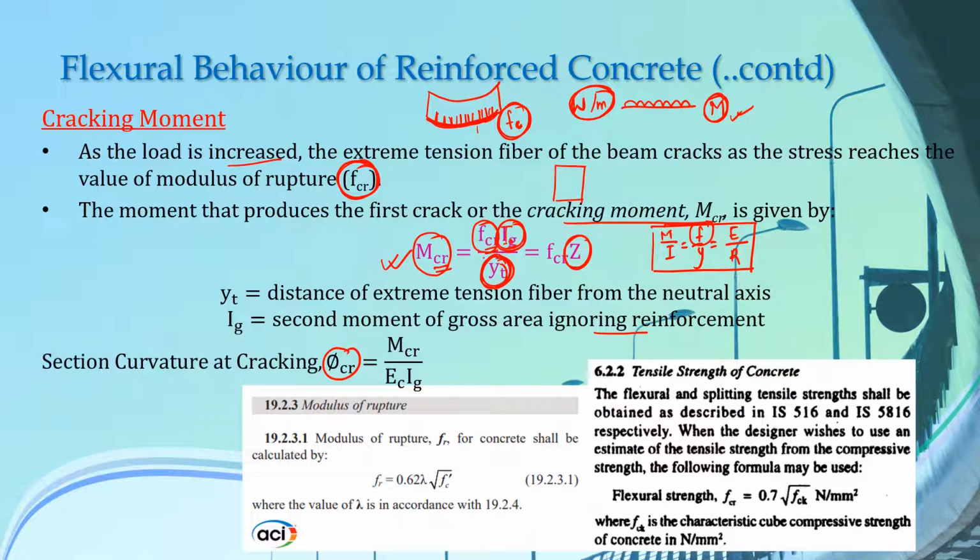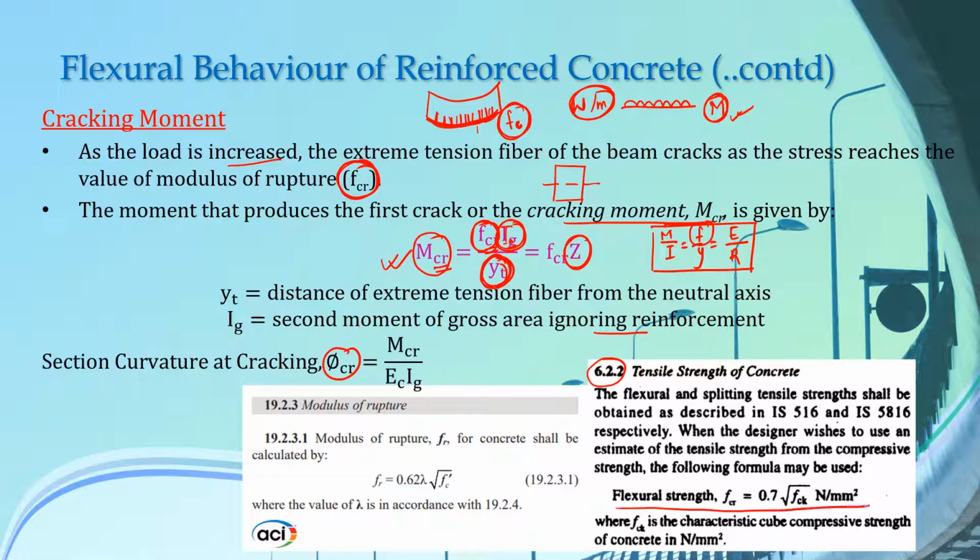The Yt value, which is the distance of extreme tension fiber from the neutral axis, you can calculate from this section itself. But how do you calculate the value of fcr, or this modulus of rupture? The value of modulus of rupture is given in IS code, IS 456, in clause 6.2.2, and it says that the value of fcr is dependent on the characteristic strength of concrete that we have used.